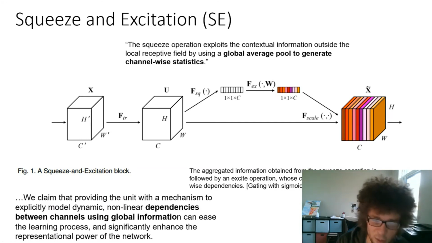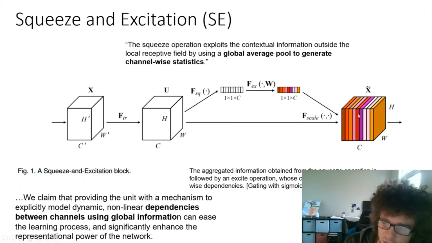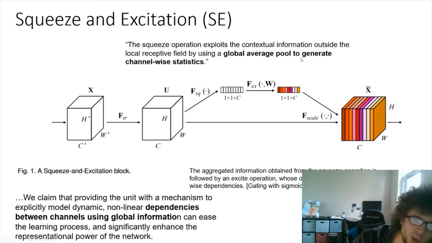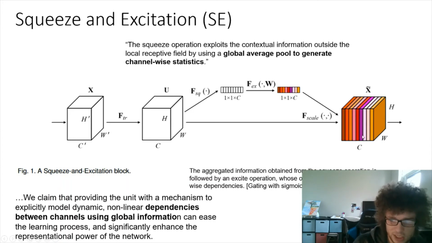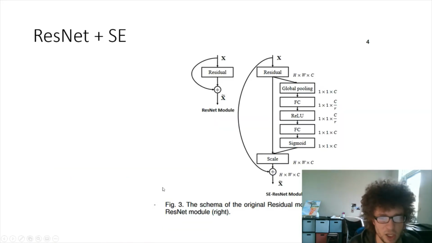And then we can apply that back and get very interesting results. They use a global average pool to generate channel-wise statistics to better incorporate these channels together. So you're modeling that these channels are not independent anymore, and you're modeling them in a certain way that helps you train better. So it's very useful.